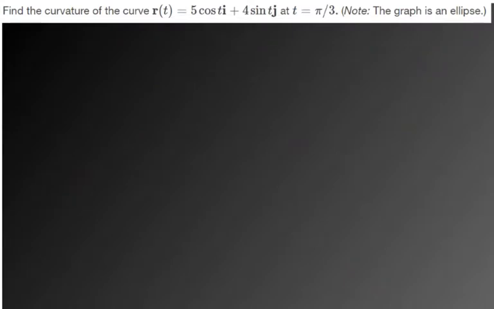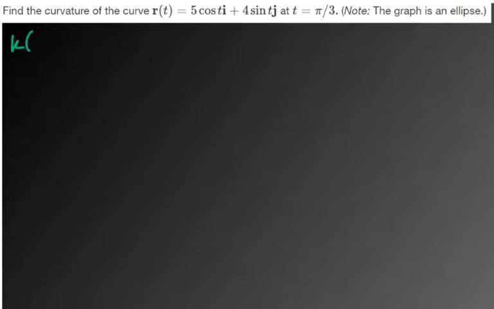So another thing that you will have to do on the problem set is finding curvature for different vector valued functions. If I was given this one, the fact that it's just a 2D curve, so this is actually just an ellipse because 5 is not equal to 4, I would use the 2D curvature formula.